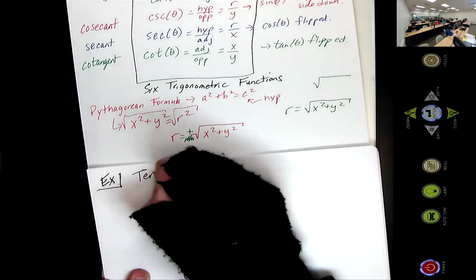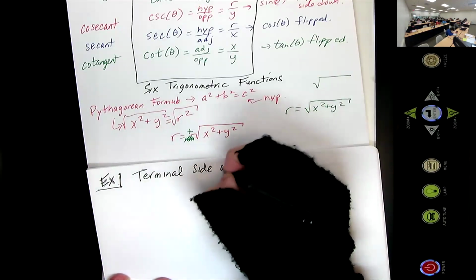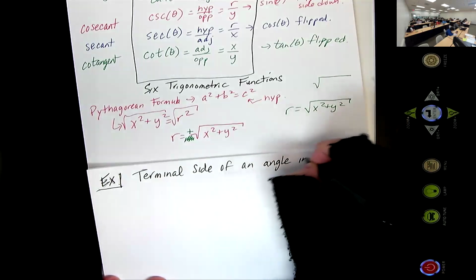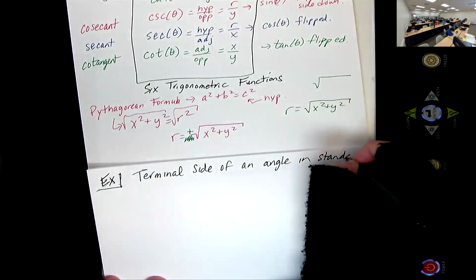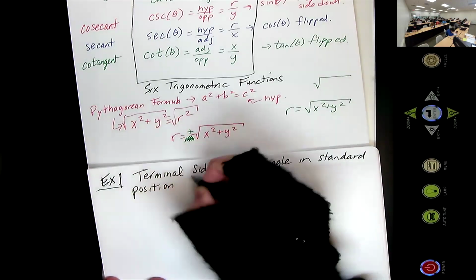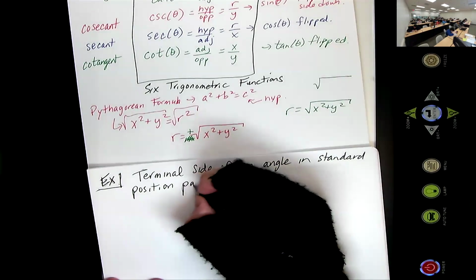The terminal side of an angle in standard position passes through the point (12, 5).